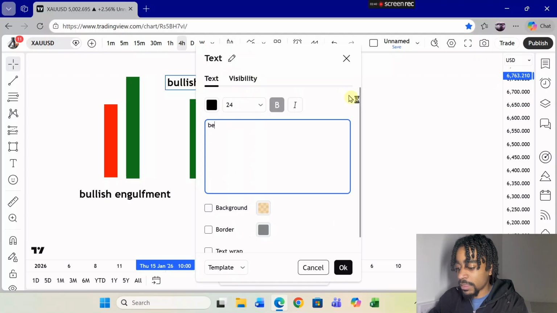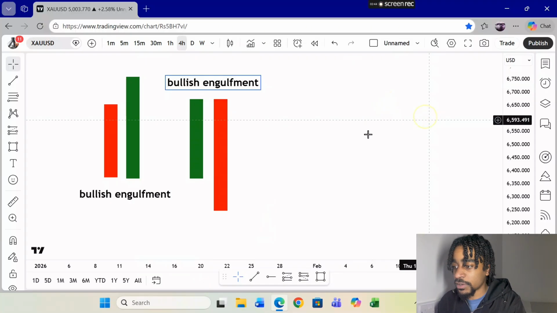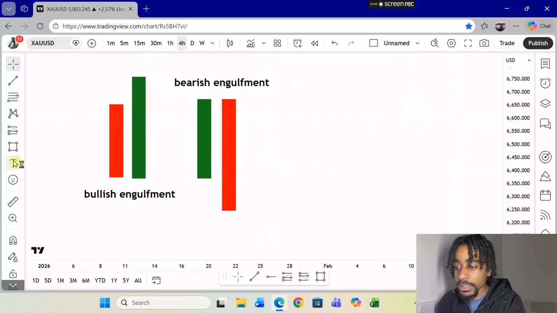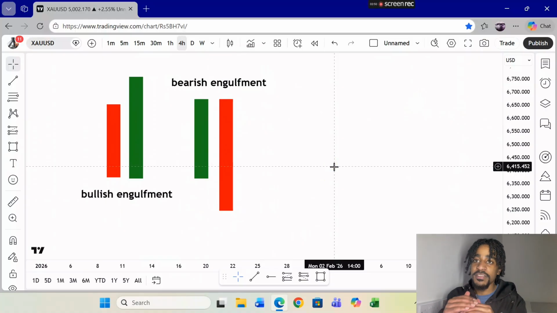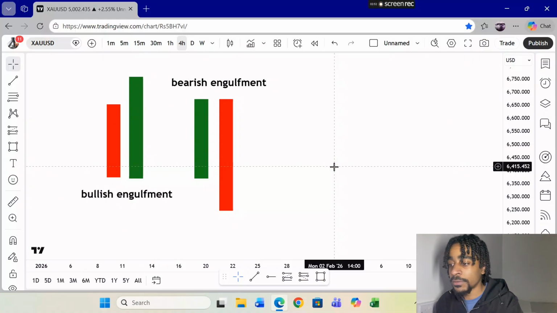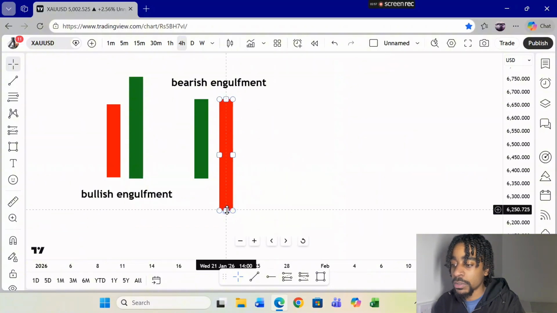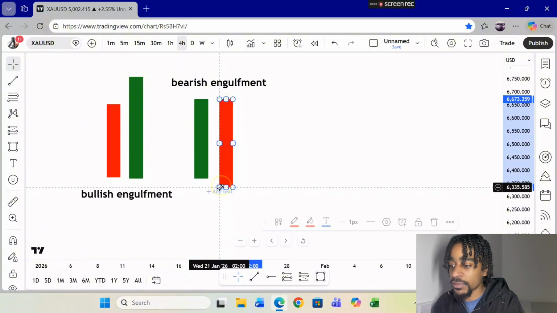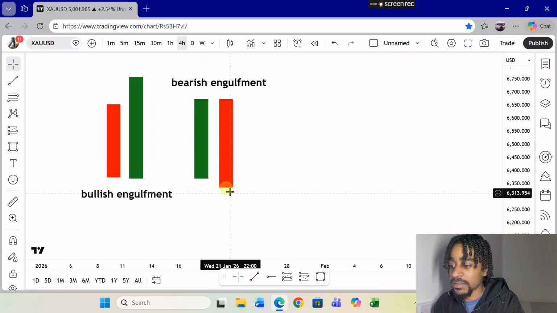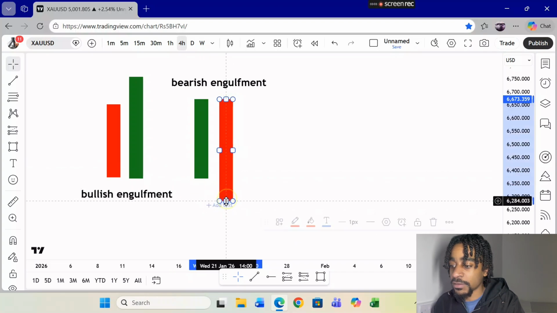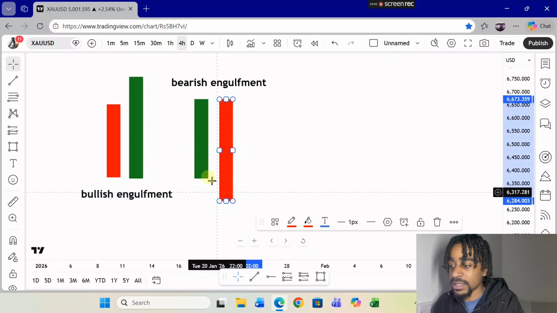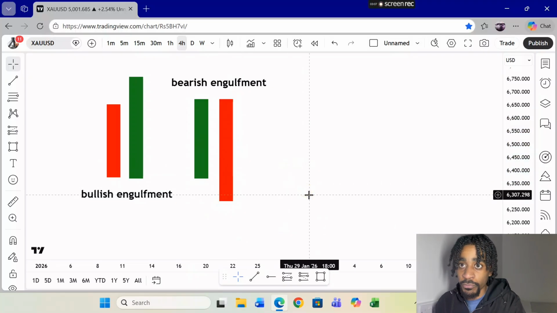You guys need to bear that in mind. So this is a bearish engulfment. An engulfment needs to fully overtake the previous candle for it to be classed as an engulfment. Again, make sure you know that I don't really class these small overtakes. I like to see a decent size of that previous candle overtaken.